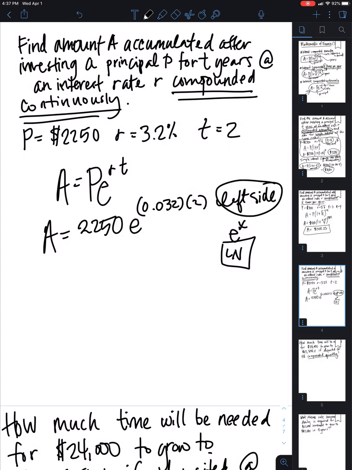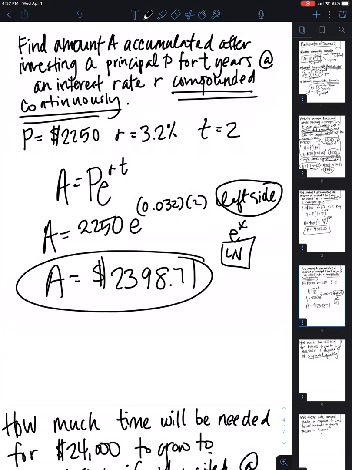Okay, so I'm doing that calculation right now. So I got an amount of $2,398.71. Again, round whatever it tells you to.